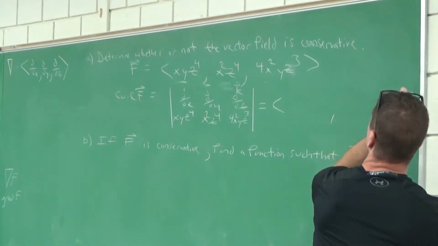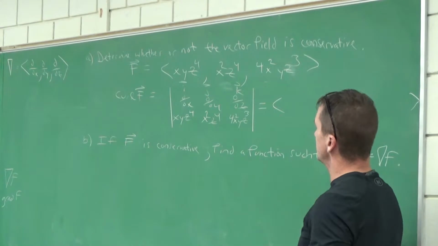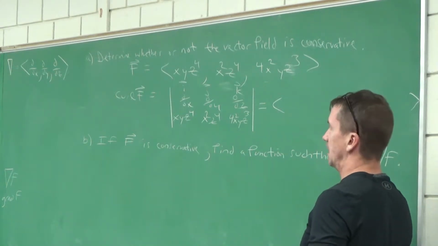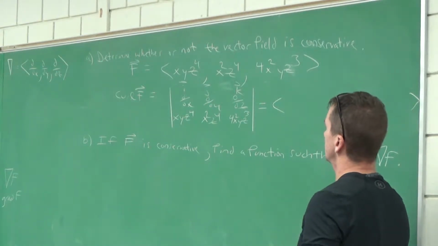What's the curl of F? If it's 0, 0, 0, the answer is yes, and we'll move on to letter B. If it's not, we can't do B. All right, wipe this out.